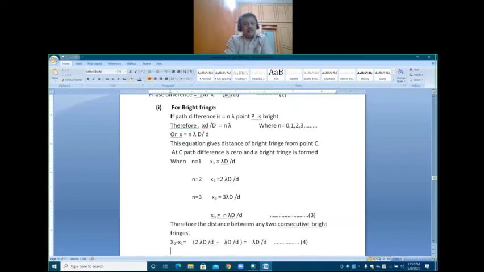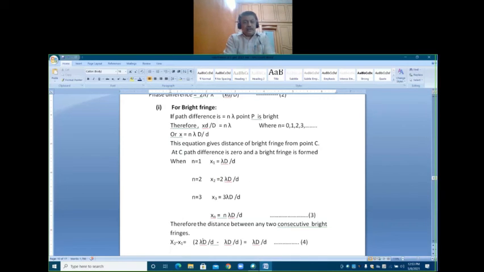So xn is equal to n lambda D by d. Now the distance between any two consecutive bright fringes, that is the first and the next bright fringe, in between there will be a dark band that we have to neglect. We have to take the distance between one and the next. Therefore it is called consecutive. So x2 minus x1.